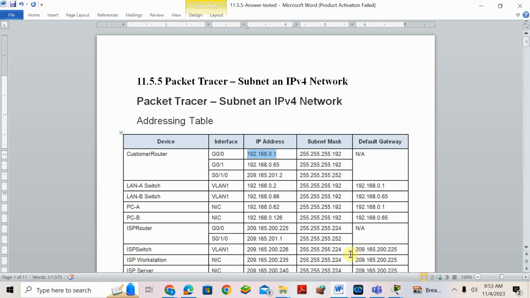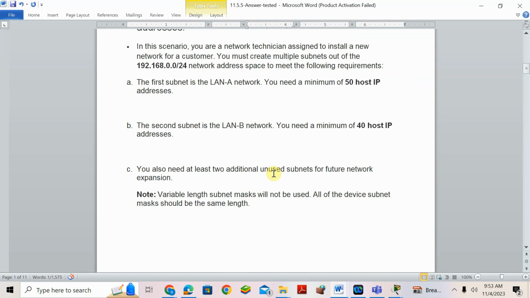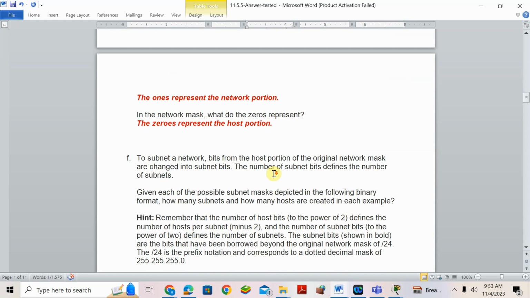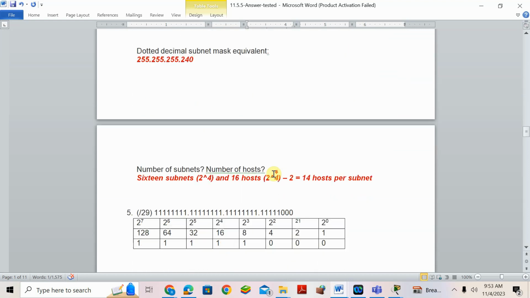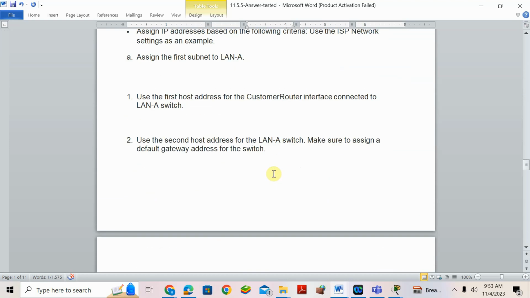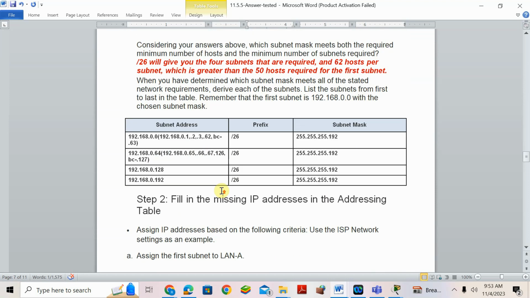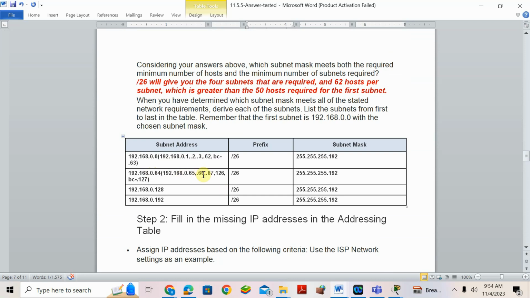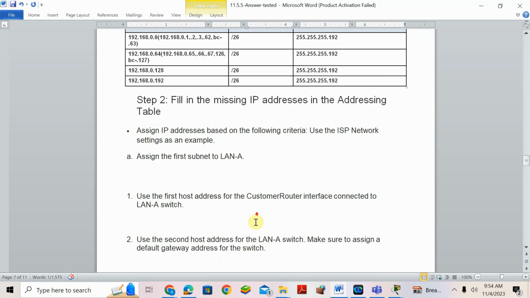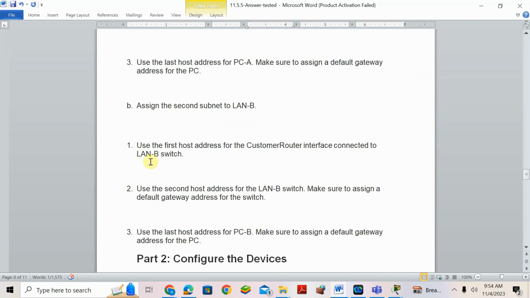Then after that, same thing for subnet B. The second subnet is 64, so 65, 66, 67 up to 126. Okay. So the first host address goes to the customer router interface connected to LAN B switch.